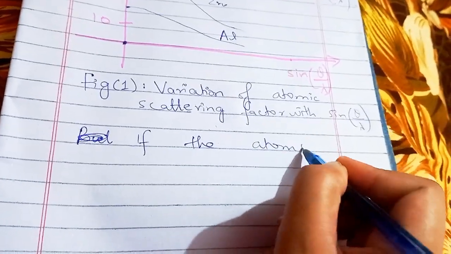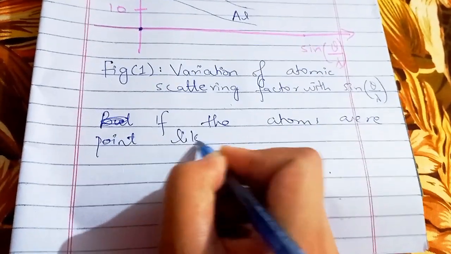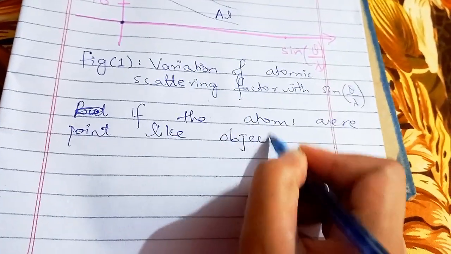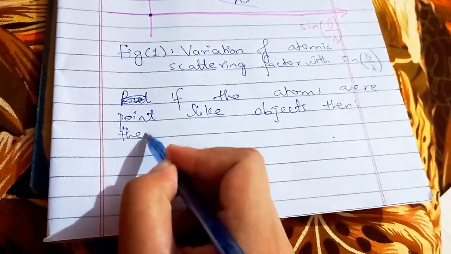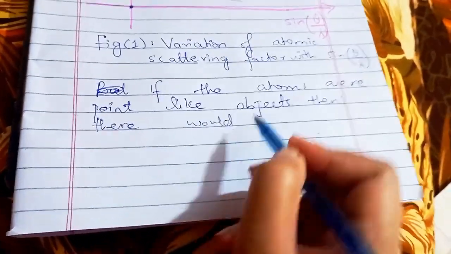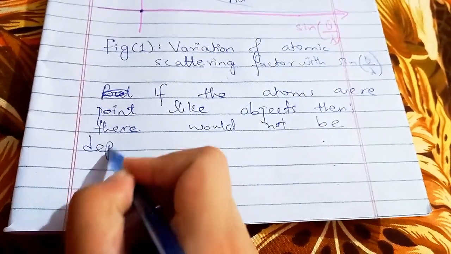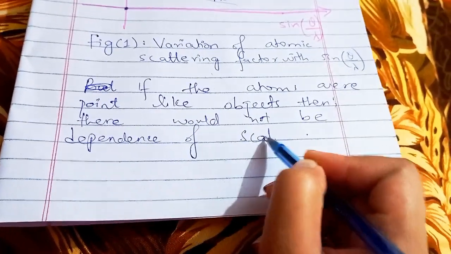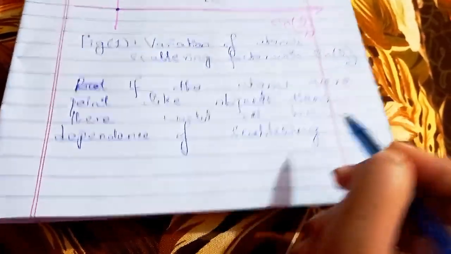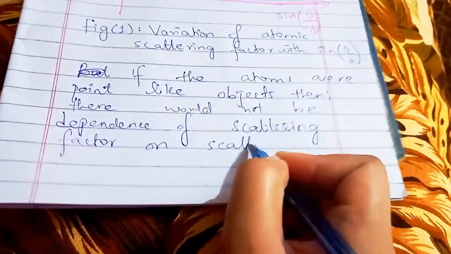If the atoms were point-like objects, then there would not be dependence of atomic scattering factor on scattering angle.